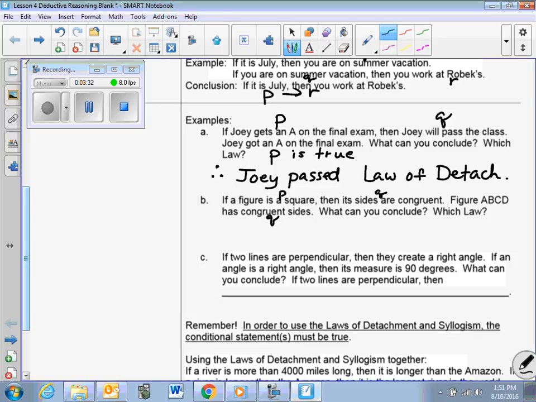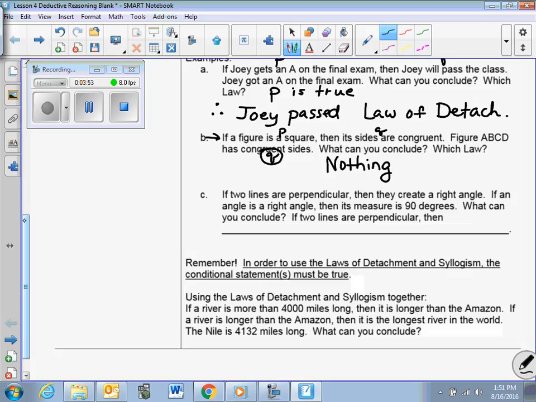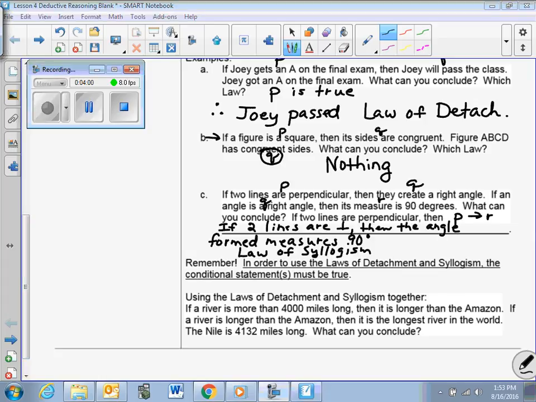Because remember, our rule says I got a conditional statement, if P then Q, and if I know that P is true, but this is telling me that Q is true. So what can I conclude? I can't conclude anything because that does not follow the law of detachment. Cannot make a logical conclusion.